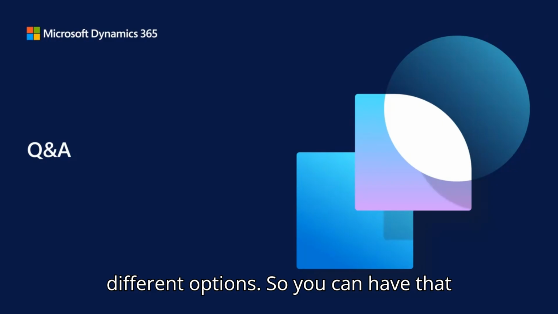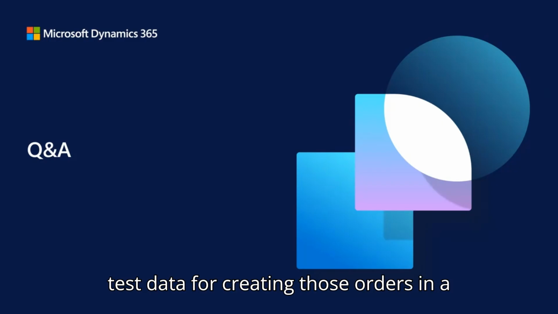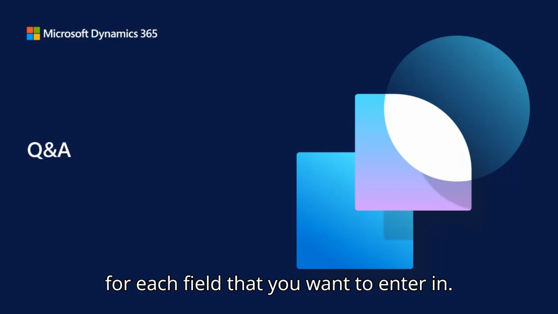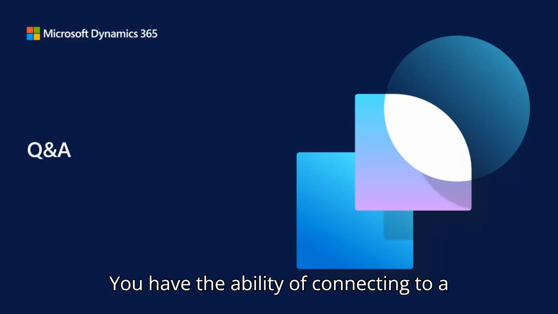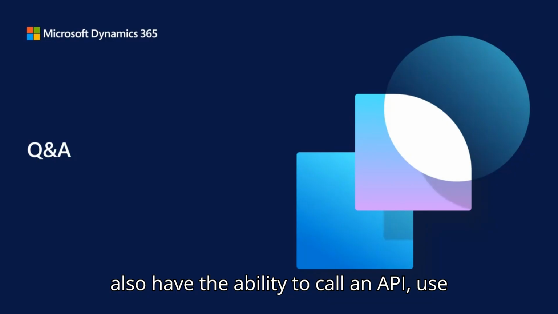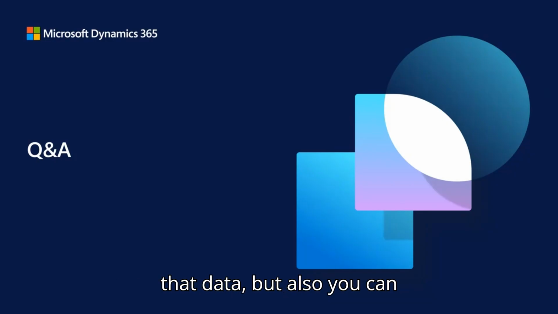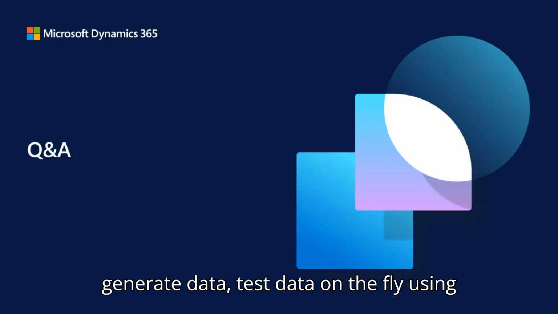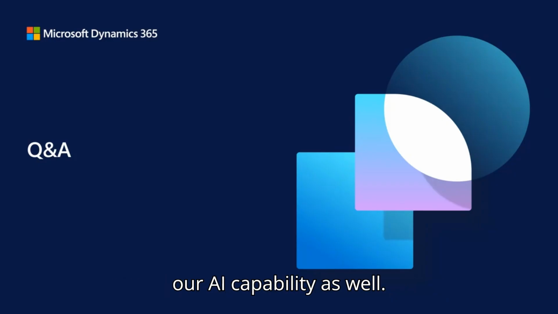You can have that test data for creating those orders in a spreadsheet. Each column would be for each field that you want to enter in. You have the ability of connecting to a database via an ODBC connection and grabbing your test data from there. You also have the ability to call an API and use that data, but also you can generate test data on the fly using our AI capability as well.